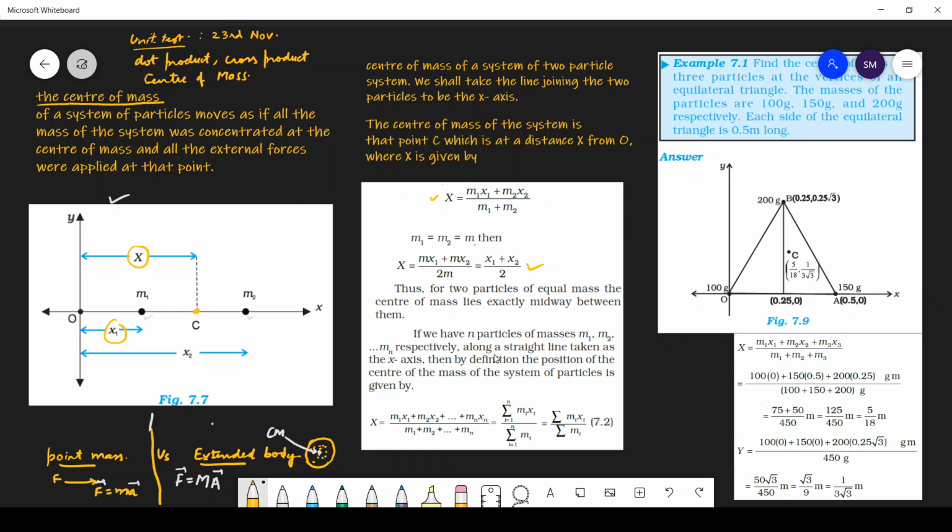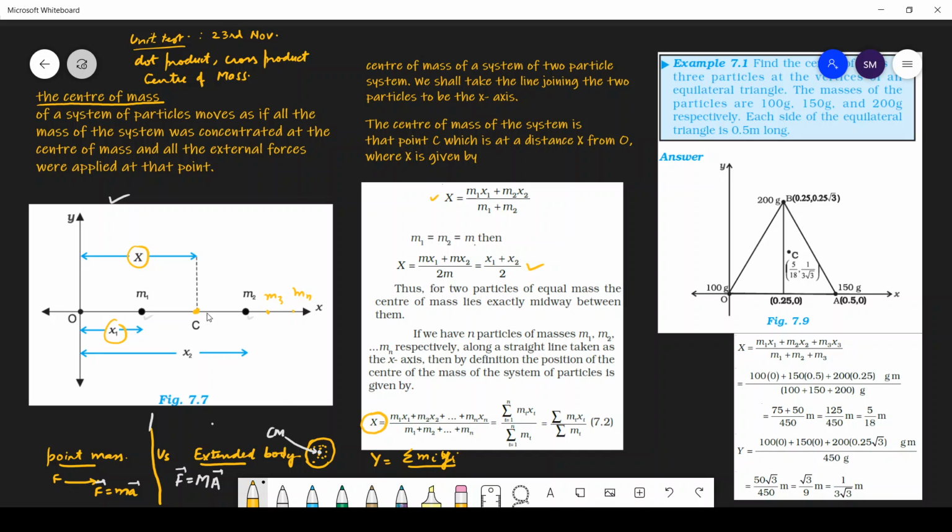And suppose we have n number of masses, m3 up to mn, but all of them lie on the x-axis. This is the condition that we have. Because we are finding only the x coordinate of this system of particles, similarly we can write the y coordinate also, sigma mi yi instead of xi.